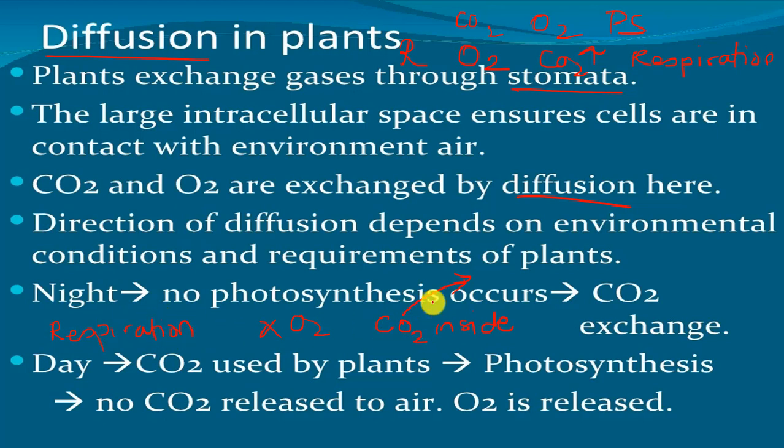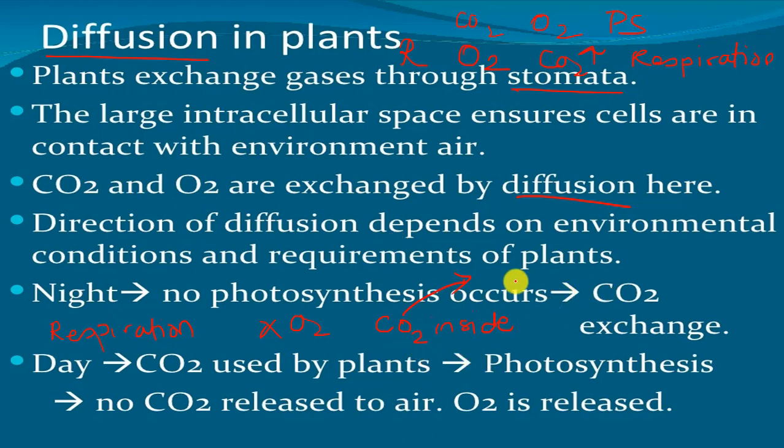The amount of carbon dioxide given out is less than the amount of carbon dioxide taken in. Plants take in carbon dioxide during the daytime. Why? For the process of photosynthesis, because without carbon dioxide photosynthesis cannot take place.